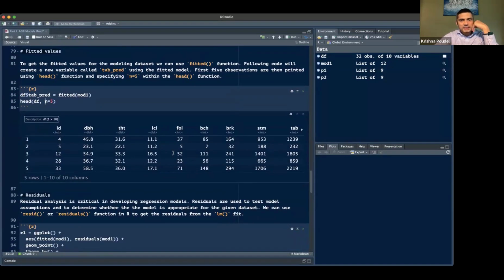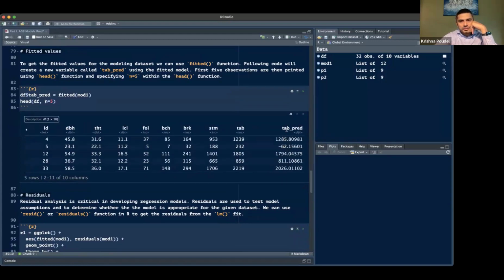And it worked. So here, we have the same data set, but in this case, we have one additional column, which is for predicted total above ground biomass. One thing that pops out here is the predicted total above ground biomass for tree number 5 is -62.